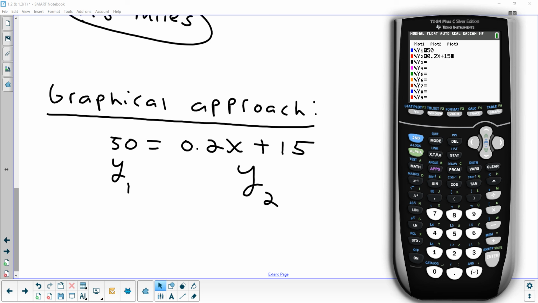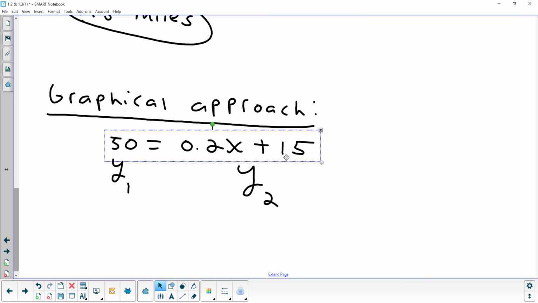Have a guess what that would mean? Yeah? Where it intersects. It's where it intersects. So we're going to look for where two graphs cross each other. Remember, these are both lines. This is a horizontal line at 50. This is a line with a slope of 0.2 and a y-intercept of 15.